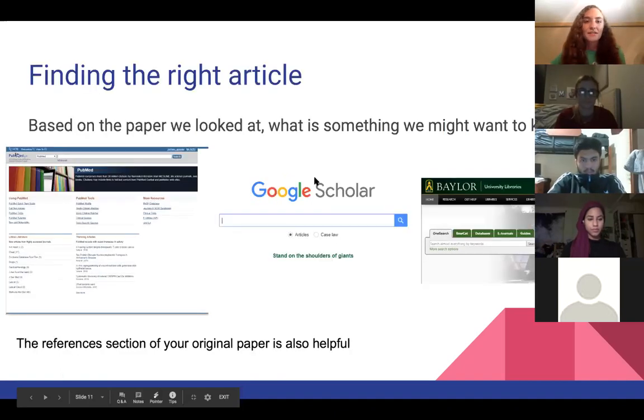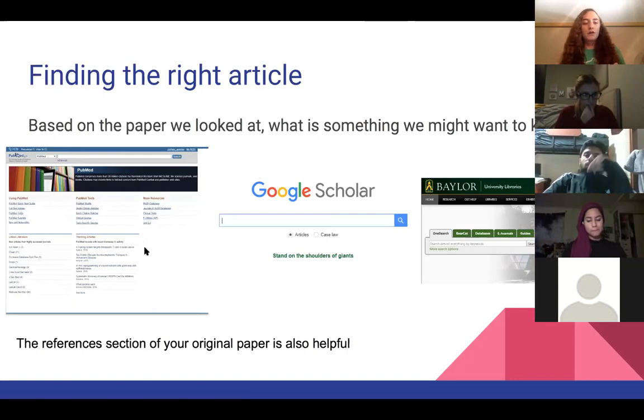When you're looking for a research article, you want to find the right article. This is back to how the abstract is really helpful in determining if the article is the one for you. There are different databases we can use. PubMed is really good.